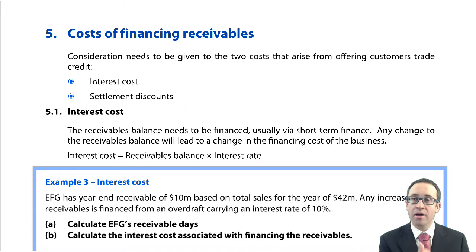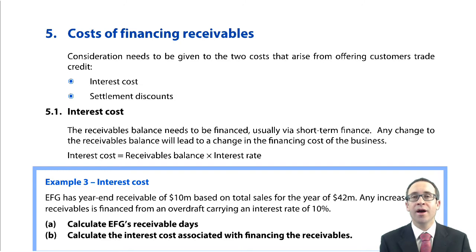Then we need to start to look at settlement discounts, or prompt payment discounts to give them their other name, and ask ourselves the question: by offering that prompt payment discount, yes, it gets the cash in quicker, but we get less cash in, don't we?